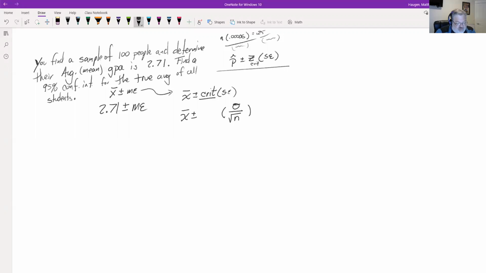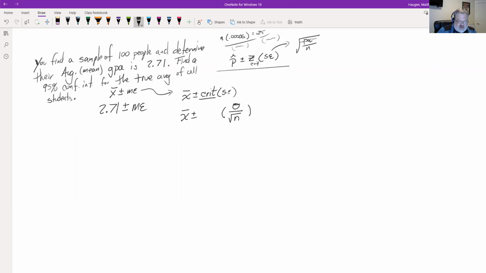Now here's the problem. Just like in our proportions, when we had that standard error, it was the square root of pq over n. This p and q is the population proportion, not our sample proportion. But for proportions, it's close enough.